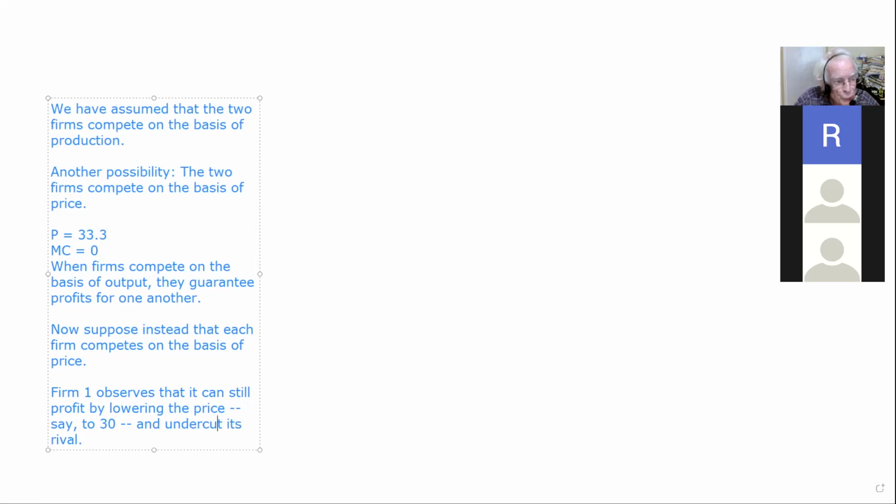So now all consumers, including the firm one, buy from firm one because it offers a lower price than firm two does.